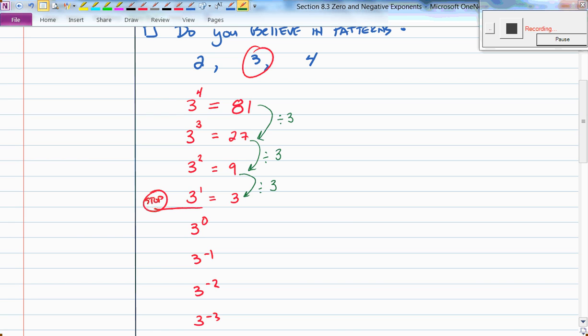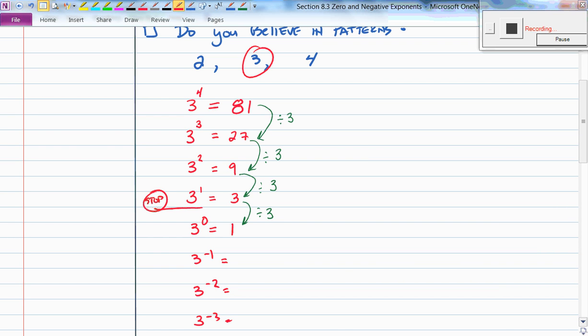Now, if you believe in patterns, and you believe that we can use this pattern to keep going, then what does 3 to the 0 have to be? If I take 3 divided by 3, what number do I have to get? 1. I have to get 1, don't I?